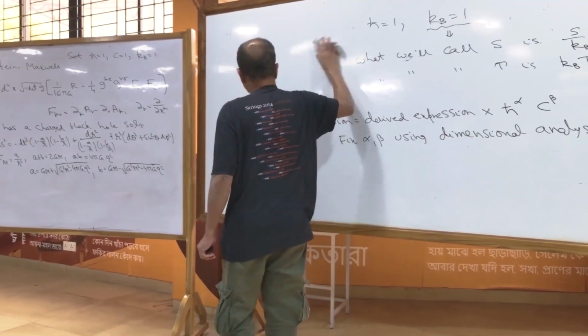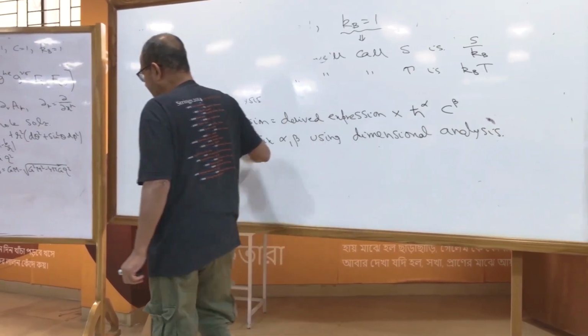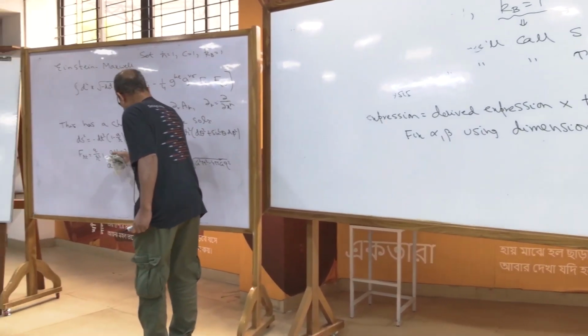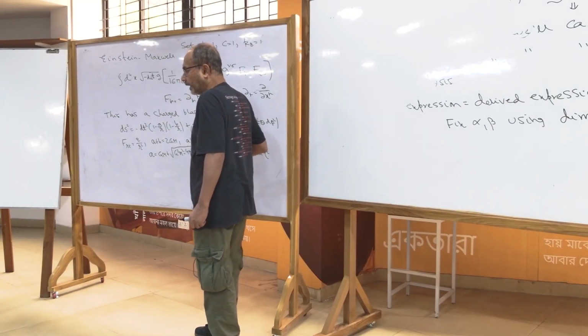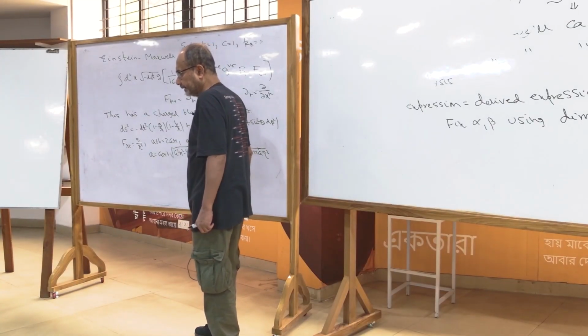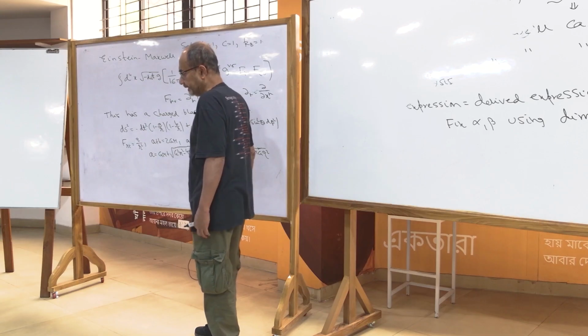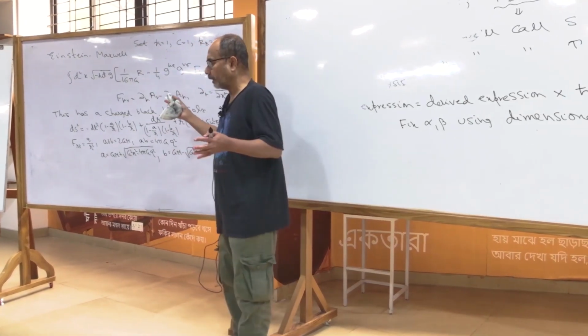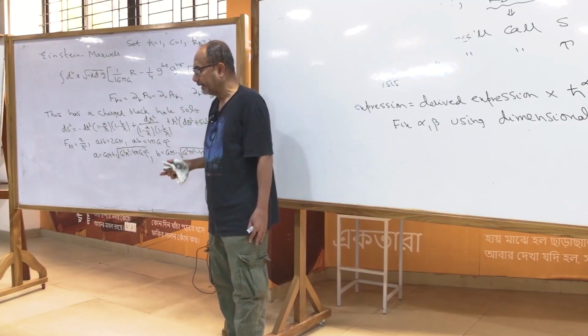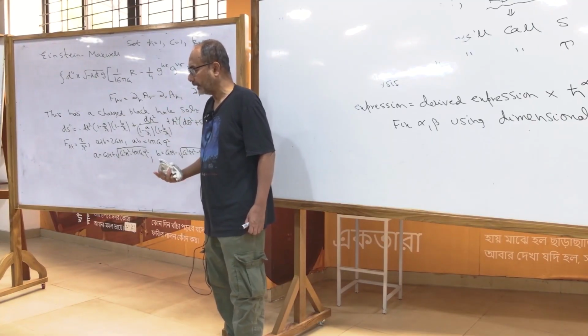In the expression, we can see that A is bigger than B, because there's a plus here. This is symmetric in A and B, but I have just chosen the solution where A is larger than B. So R equal to A is the outer horizon. There are two horizons, exactly. One is called the outer horizon, one is called the inner horizon. But if you are looking at the black hole from far, it's the outer horizon which is the relevant one.